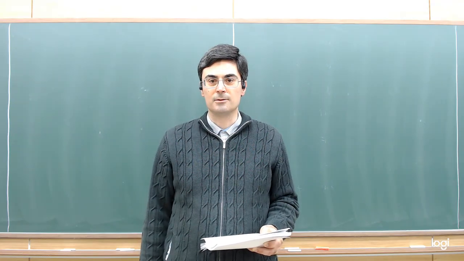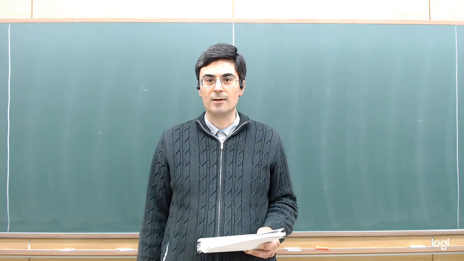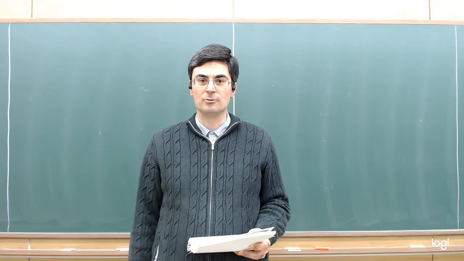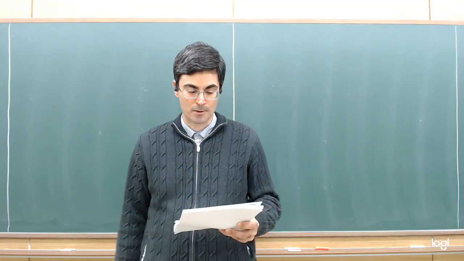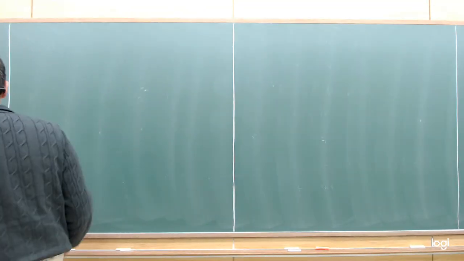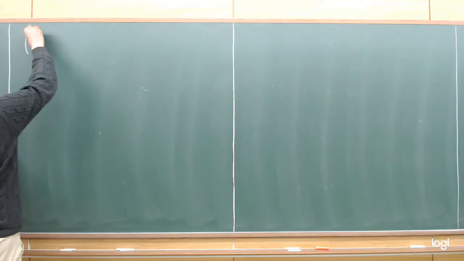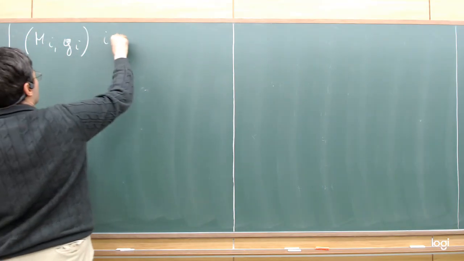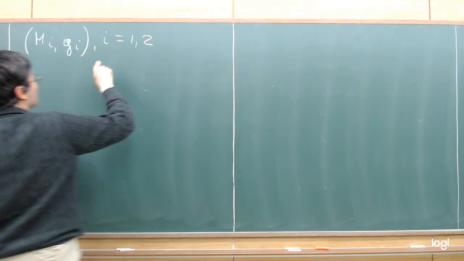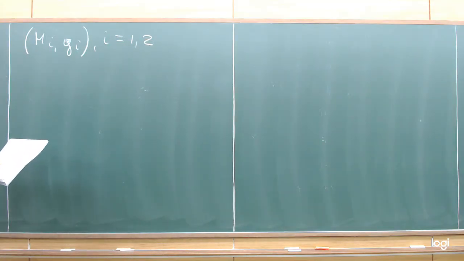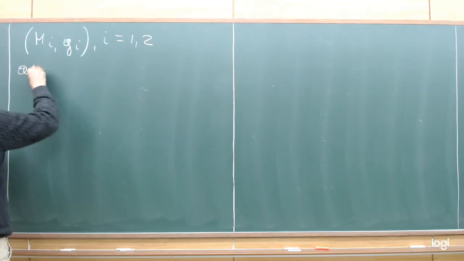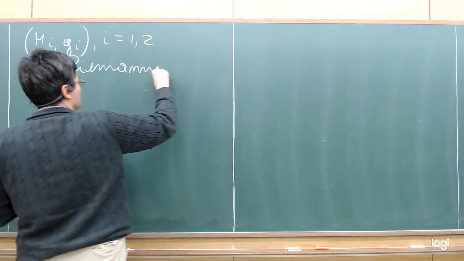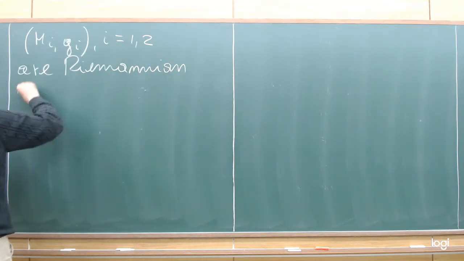Another technique that we can use to produce a new metric is to consider a product manifold and to try to define a metric on this new space. How is this done? Suppose that Mi, with i equal to 1 and 2, are Riemannian manifolds.